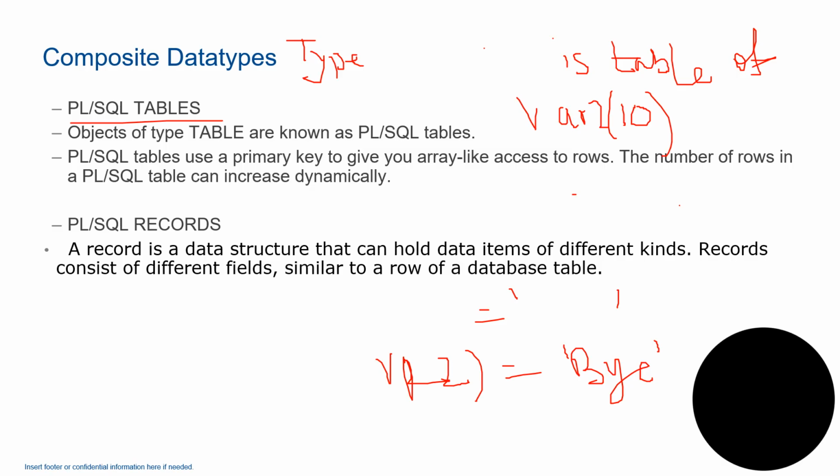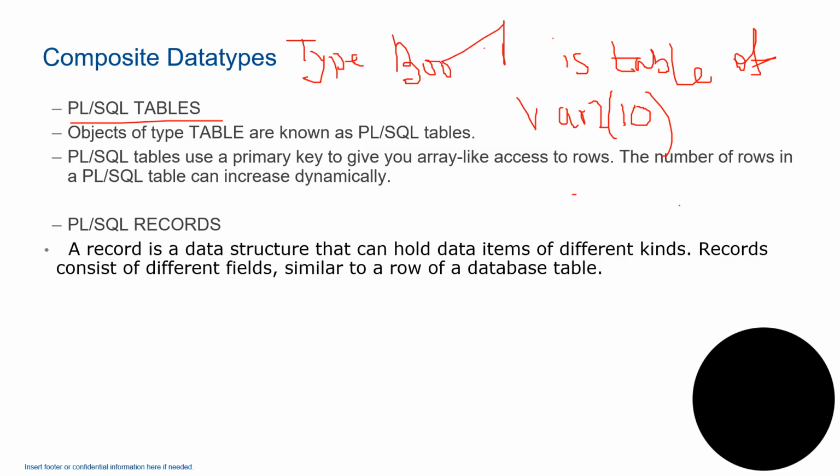Okay, so again we have to define a type, let me just remove it. Now type as books is a table of varchar.